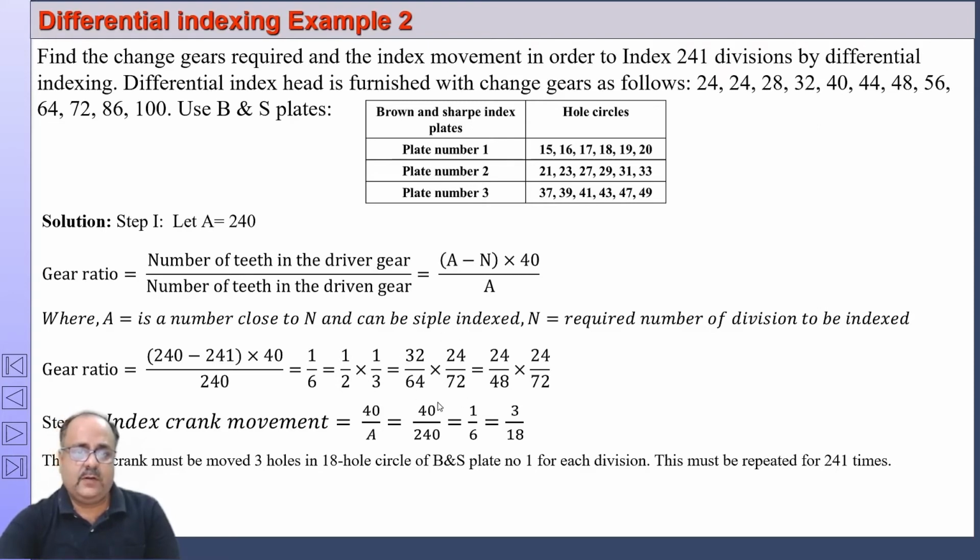So this is a compound gear train. The drivers are 32, 24, and the driven are 64, 72.